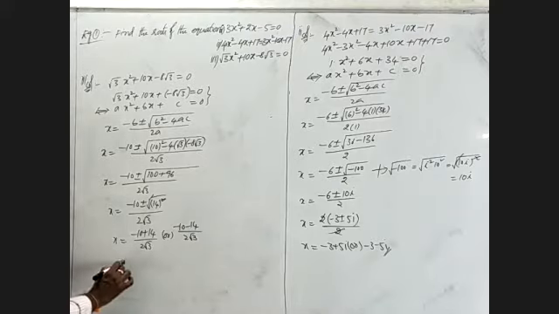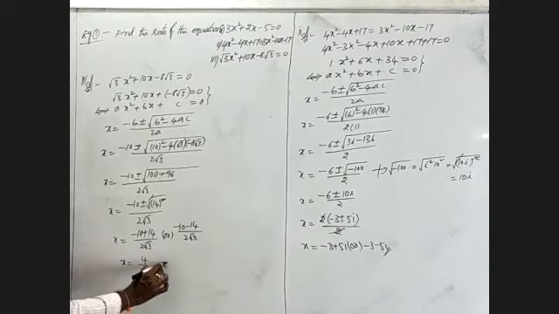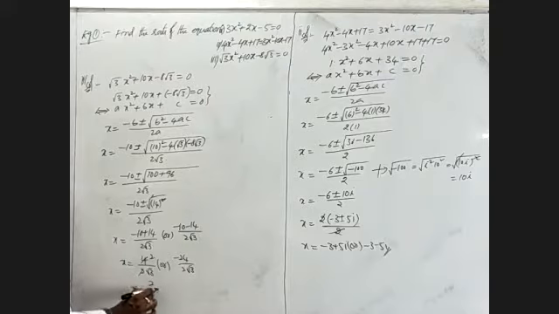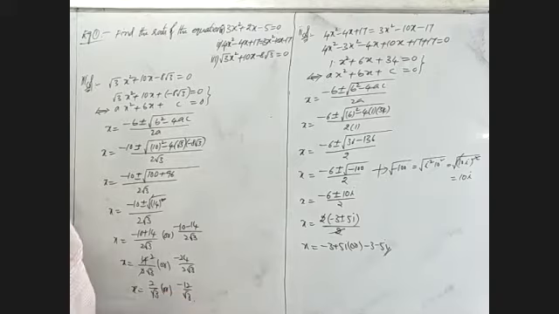That is the value x = 4 / (2√3) or -24 / (2√3). Two ones are 2, two twos are 4, so I will write x = 2/√3 or -12/√3.